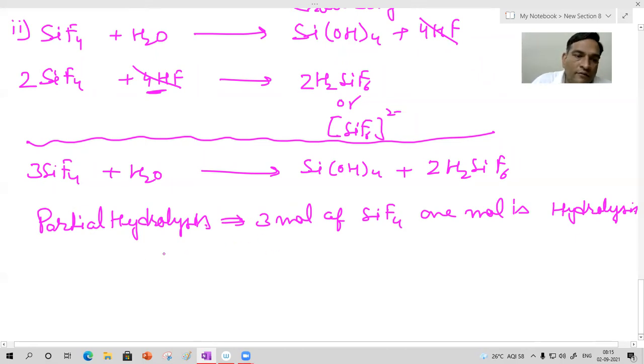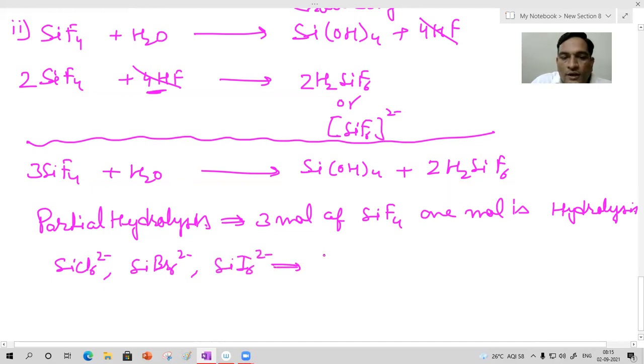One more question comes: SiCl6 2 minus, SiBr6 2 minus, SiI6 2 minus do not exist due to steric crowding.